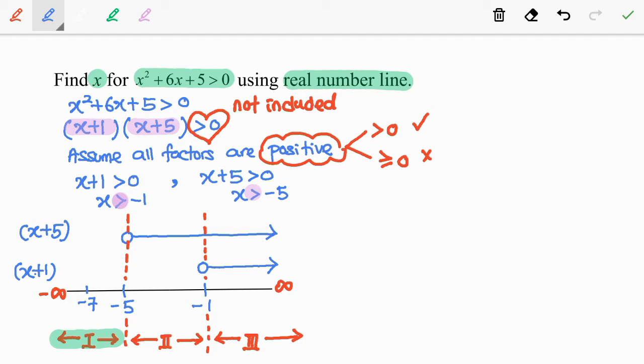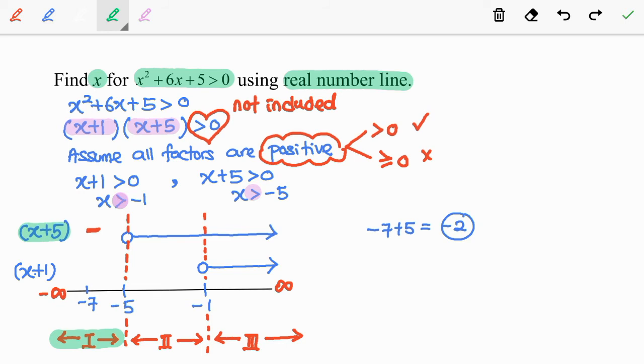Now substitute negative 7 into these factors x plus 5. So we have negative 7 plus 5 is equal to negative 2. So we clearly see that the value that we get is a negative value. So therefore, we put negative sign over here.